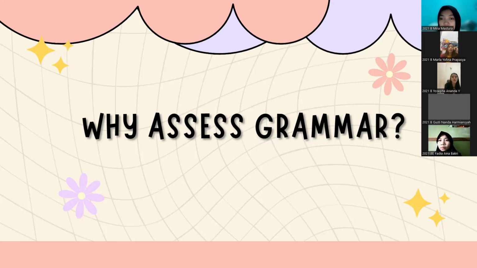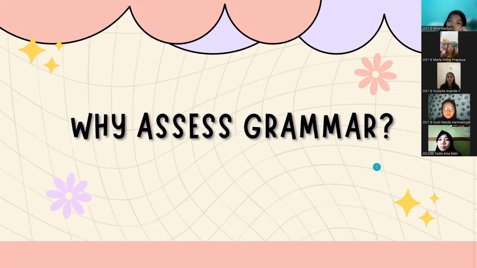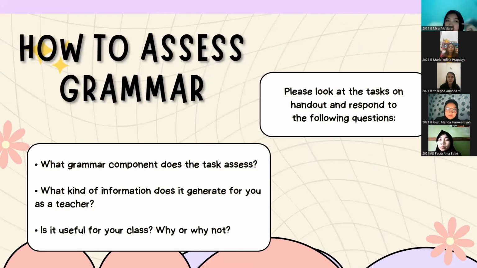The third, it gives teachers an overview and strategies on how to facilitate their students to engage in learning grammar. And the last is grammar plays an important role in technological and information advancement. That's all of the reasons why we discuss grammar, and the next material will be explained by the next presenter.